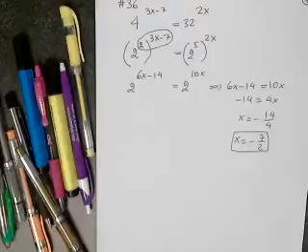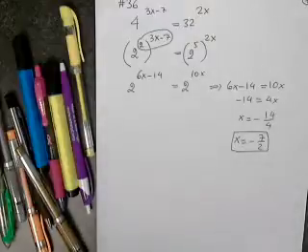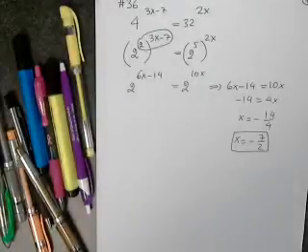The other thing I wanted to show you is how to plug it in. Let's go back. Now, in order to show that this -7/2 is a solution, it is better if I put the left-hand side minus the right-hand side.